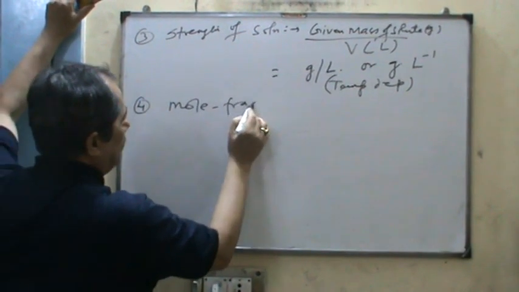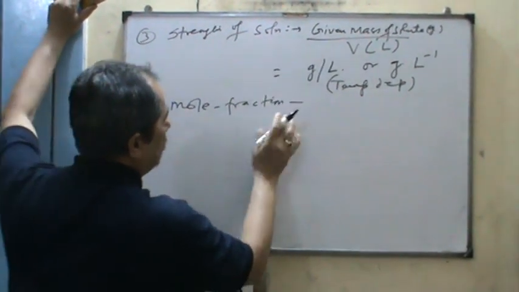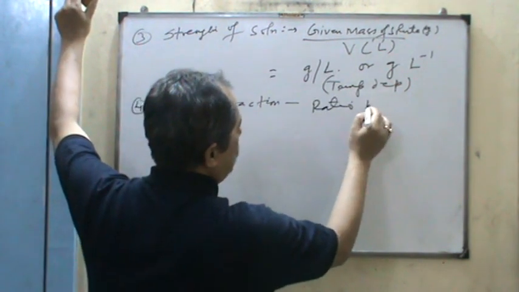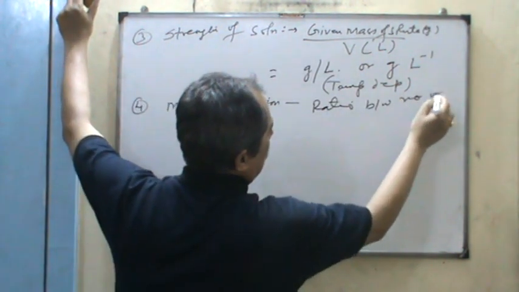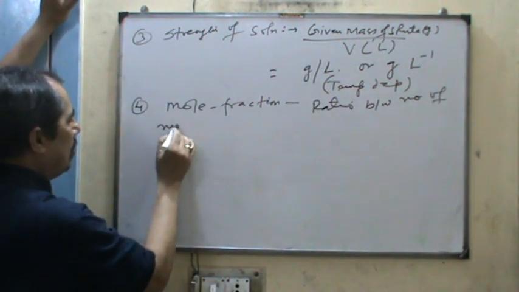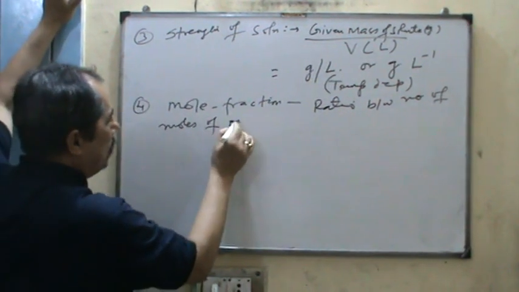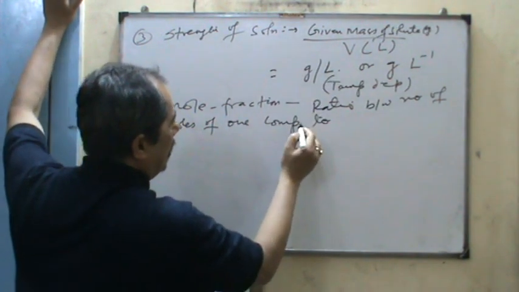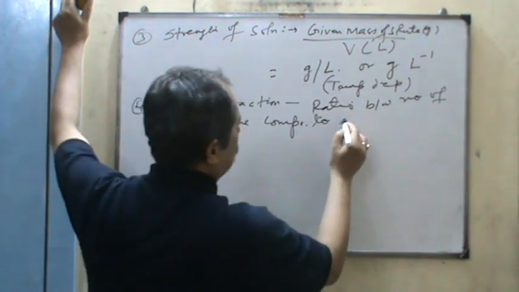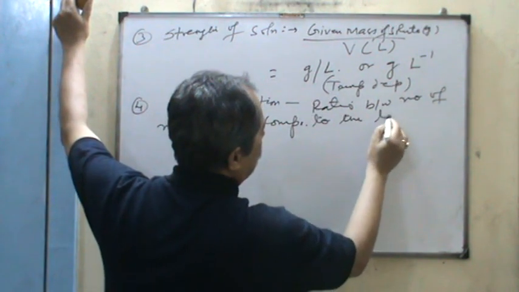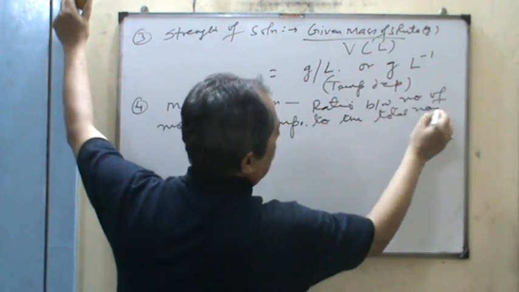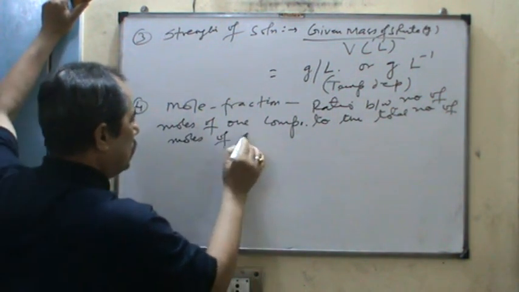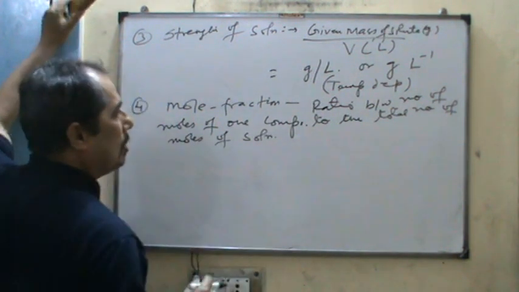The next one is the mole fraction. Anybody tell me what is mole fraction? It is the ratio between the number of moles of one component to the total number of moles of solution.